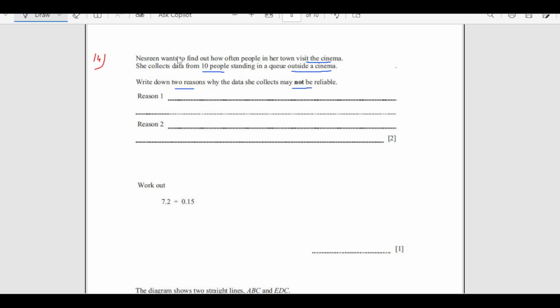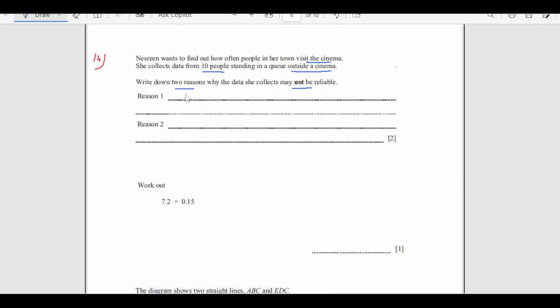Now think about this. You see what information she has collected. She has collected data from 10 people only. To reach any conclusion, you need to have a large amount of data.